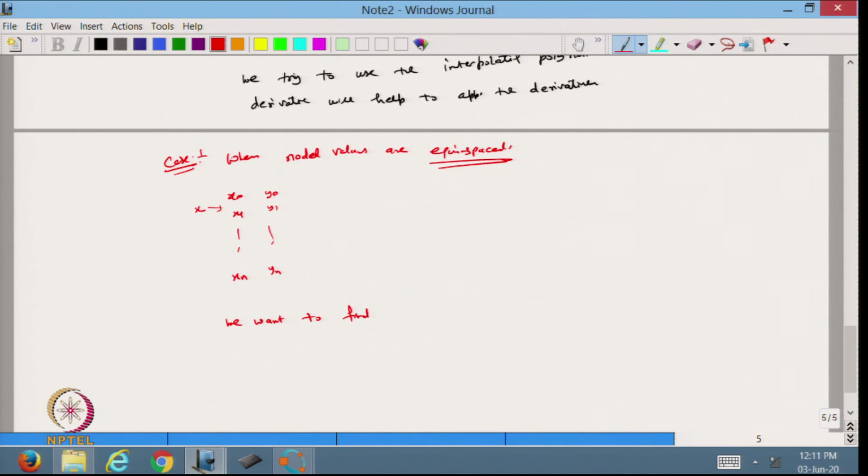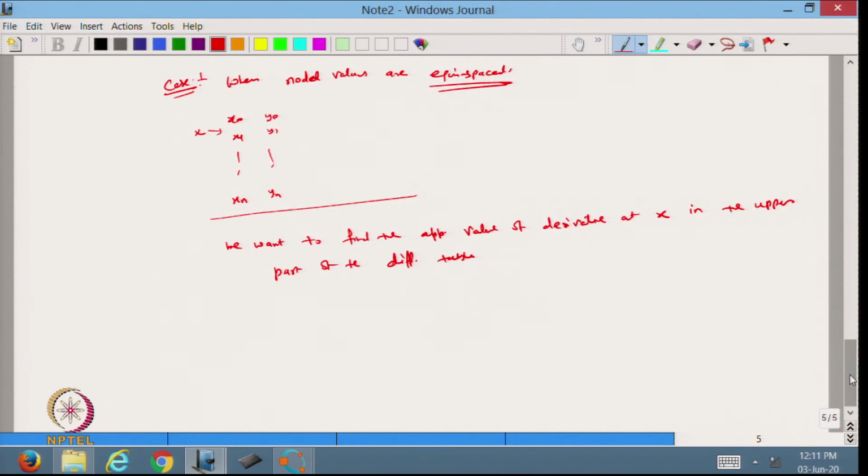In this case we want to find the approximate value of the derivative at x in the upper part of the difference table. This is the way we can find the difference table, and suppose this is the value I want to find in the upper half.